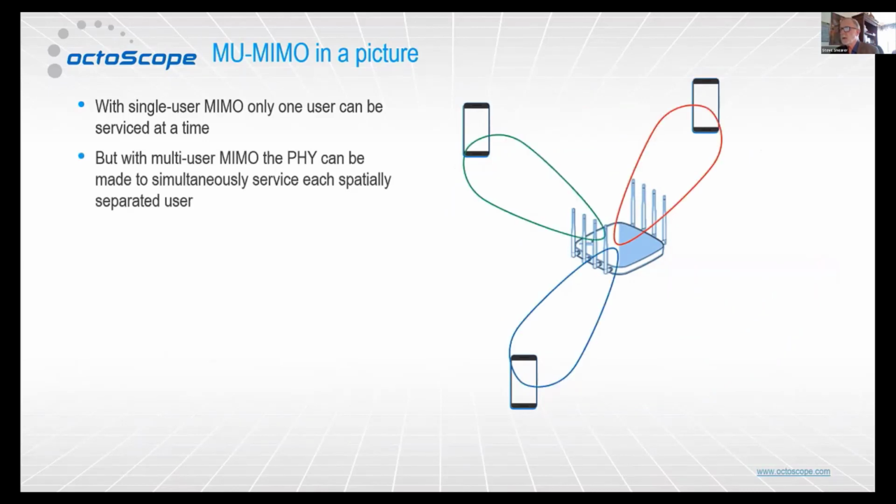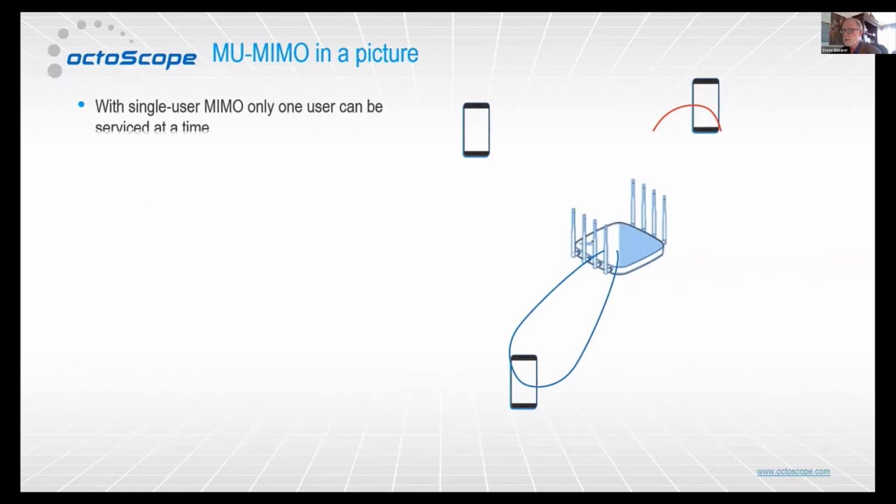In the case of MU-MIMO, it effectively creates individual PHYs by using beamforming, and this can simultaneously serve each of these spatially separated users.